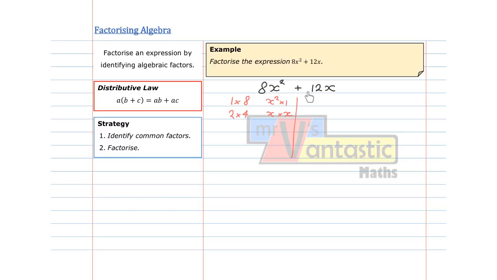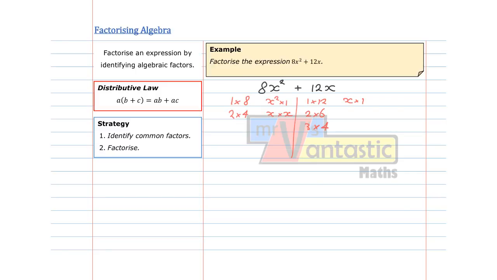Now we want to do the same to 12x. So again, red pen, I can do 1 times 12 to make 12. I can go 2 times 6, 3 times 4, and all of the reverses. And to make x, well, there's only one option, which is x times 1. And of course, in variables, the 1 is actually kind of imaginary.